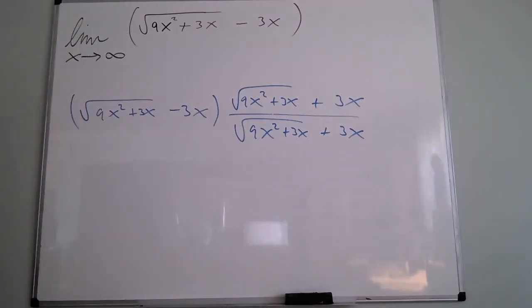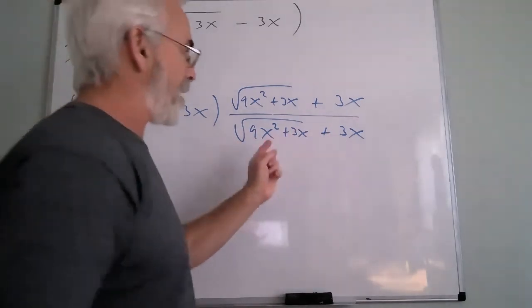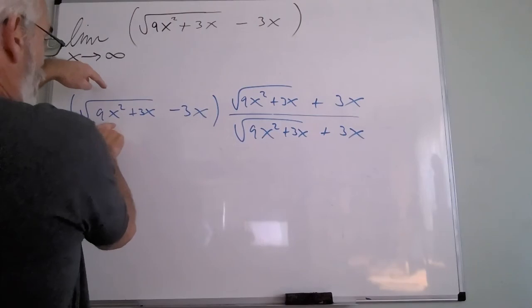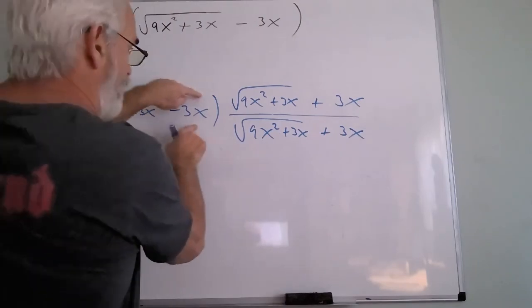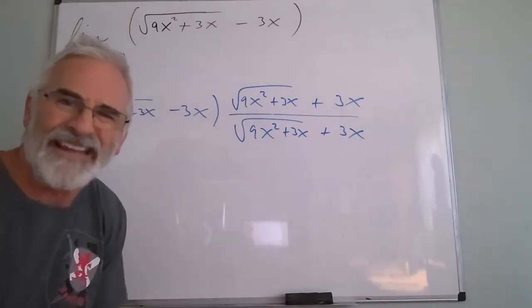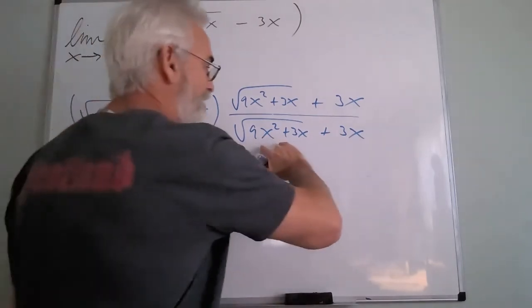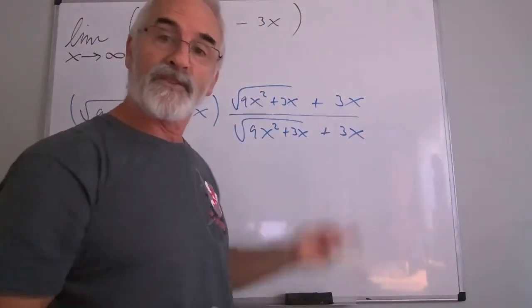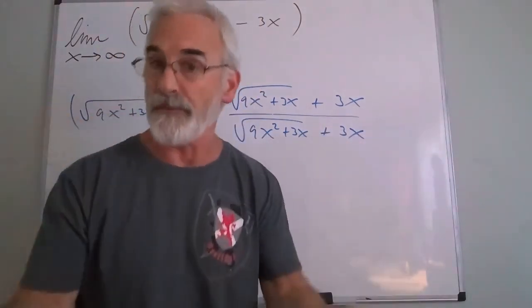And I might be able to combine terms and simplify something. But no, I have roots on the bottom. Yeah, but the bottom is not approaching 0. See, the problem is that's approaching infinity, and I'm subtracting them. So I can't do anything with that. That's approaching infinity, but I'm adding them. So this may end up looking more like the previous problem.